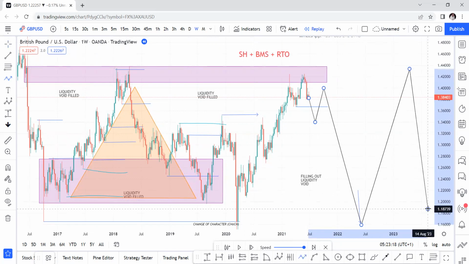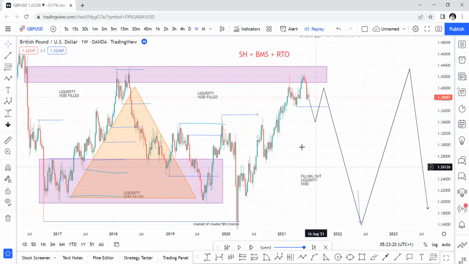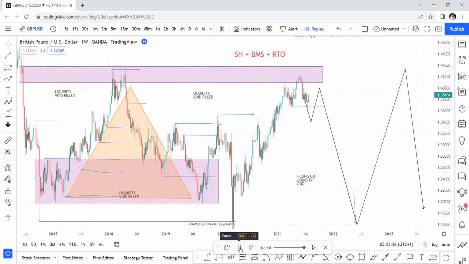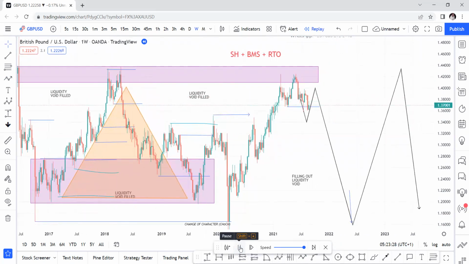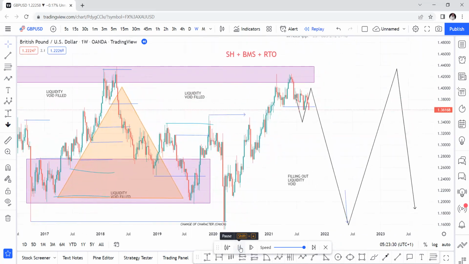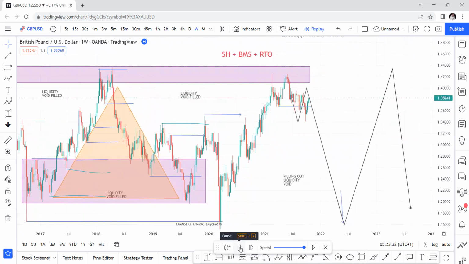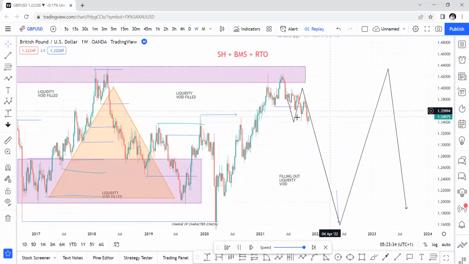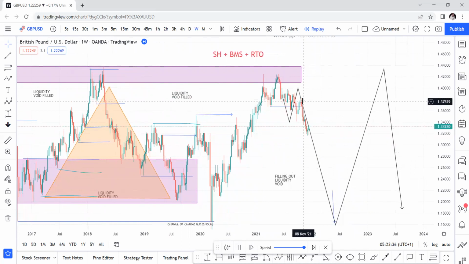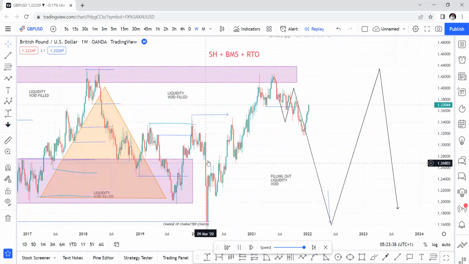That is essentially what is happening. So you can get that. So after the BMS, what do we have? We have RTO, go to your lower time frame.